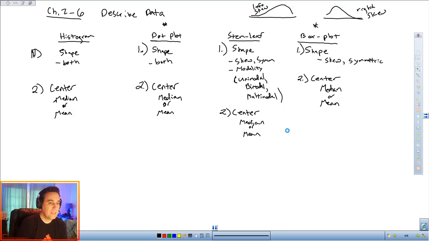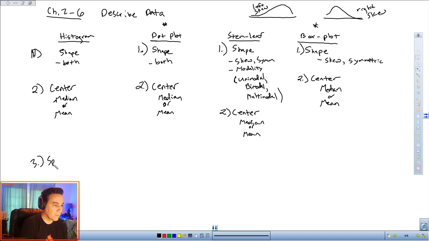Okay. Median, we can be exact because if they give you a dot plot or a box plot or a stem leaf, you can count. A histogram is the only one where I don't really know exactly. But the other three, which is probably why they'll lean to giving you one of these, you can tell from that. So center, shape, okay.